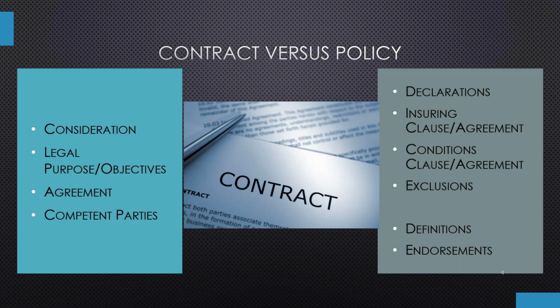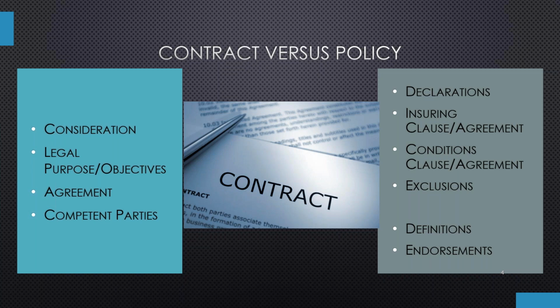So just two sides of the same coin. They might go crazy with a thesaurus. Instead of saying legal purpose, like you see in all your study materials, when you take the test they say legal objectives. Well, purpose and objectives are similar words. They just looked at a thesaurus and picked a different word, right?